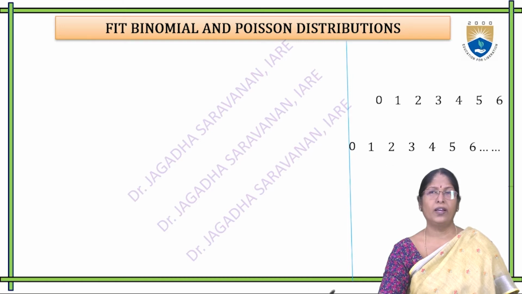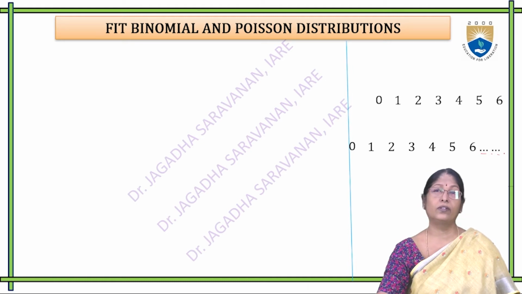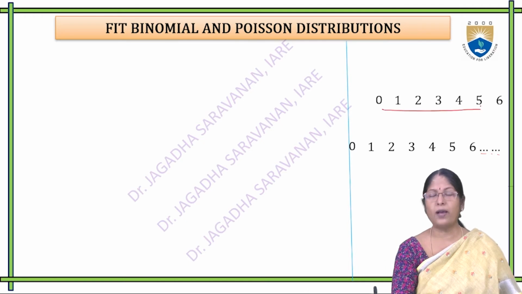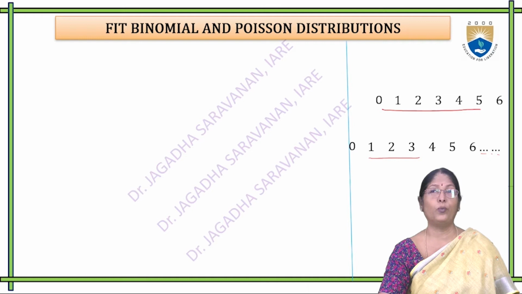Whereas in the other case the dots represent that it goes on up to infinity. This condition comes under binomial distribution, whereas that comes under Poisson distribution. This is a very easy way to understand the concept between binomial and Poisson distribution.